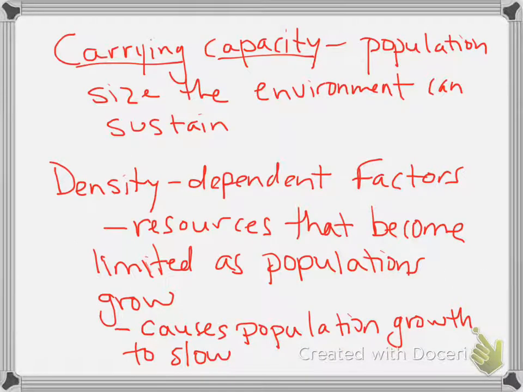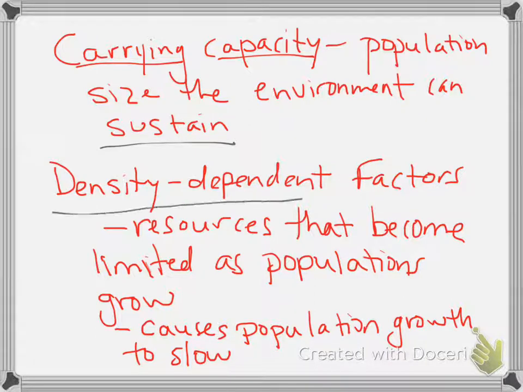All of the environment has what we call a carrying capacity, and that's the population size that that particular environment can sustain. There are not unlimited resources. So because we have resources that are limited, such as food, water, shelter, it's going to cause an effect on the population size and density for that matter.